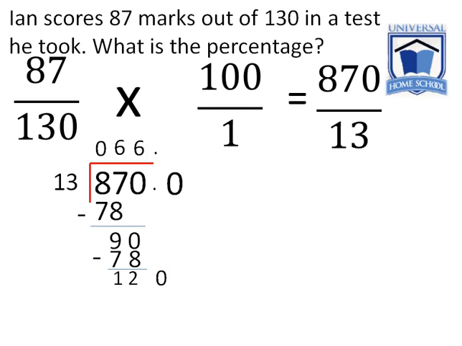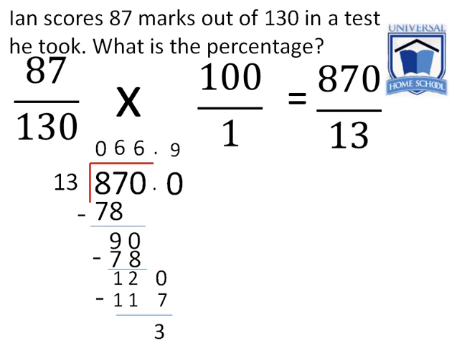Now we're going to divide 13 into 120. After working that out, we'd find that there are 9 13s in 120. We multiply that out, that will be 117. We do the same, we take 117 away from 120, and we would get 3.